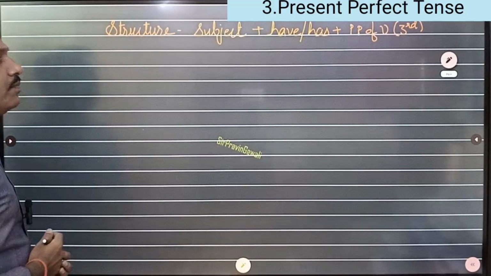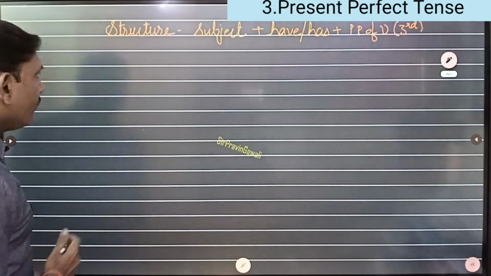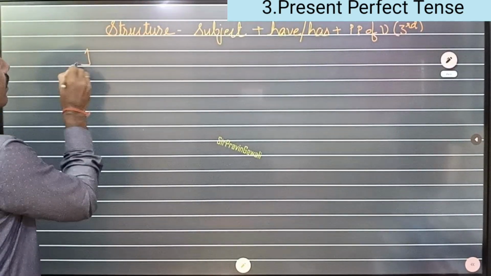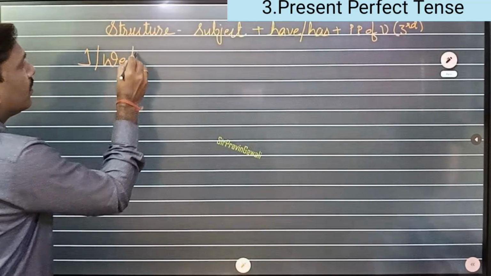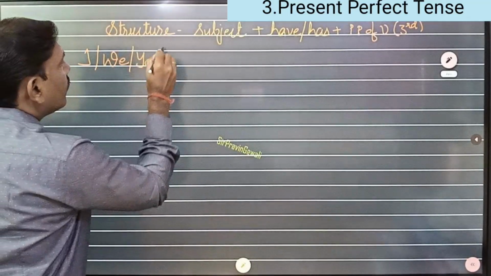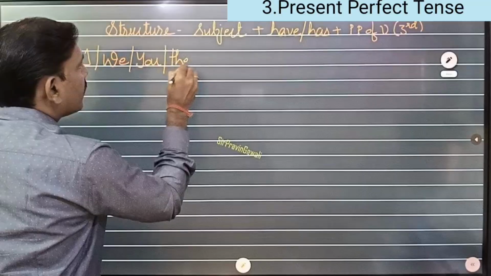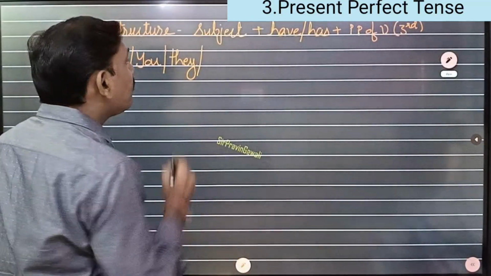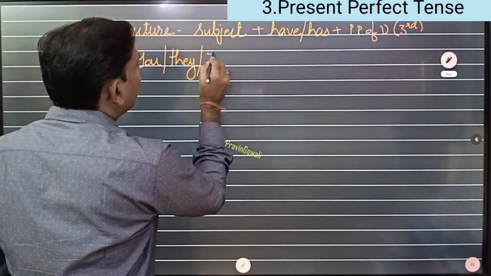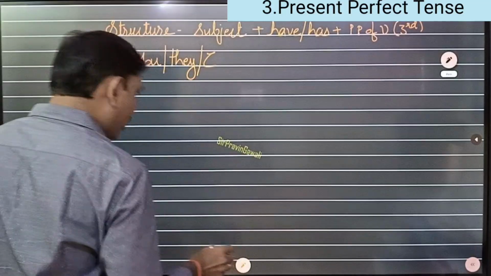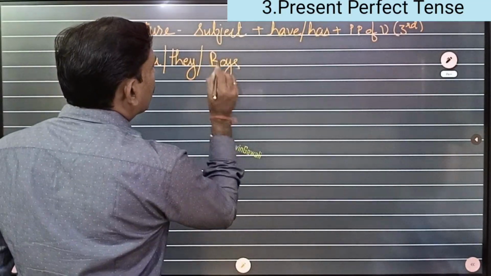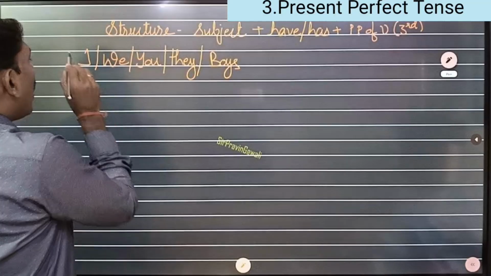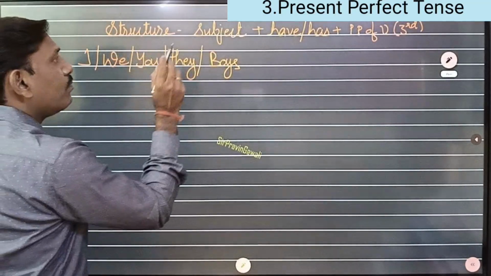Now students, here if I, we, you, they, and any plural subject, for example children or boys or girls. Okay, so I, we, you, they, boys.